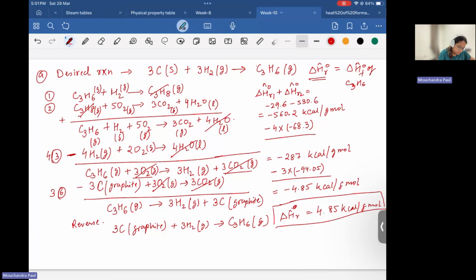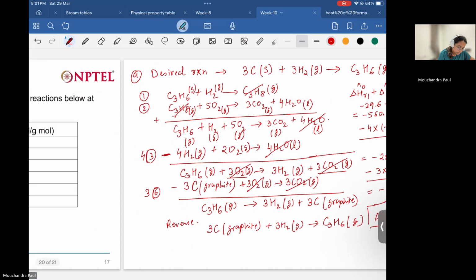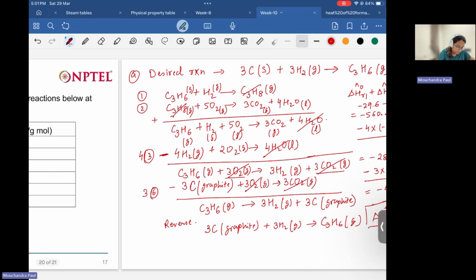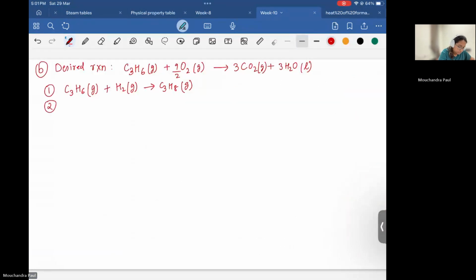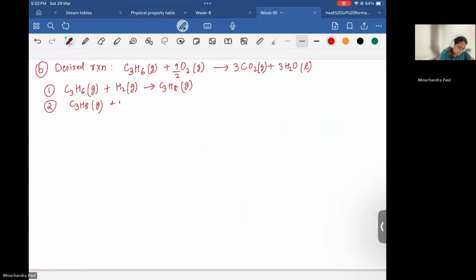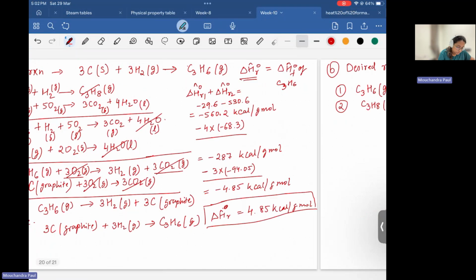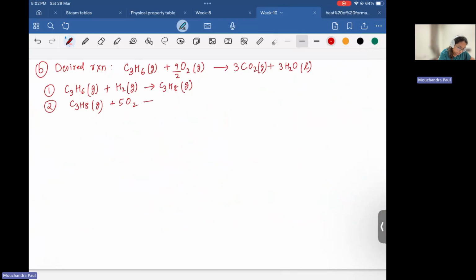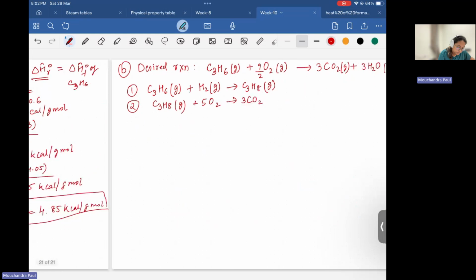So we have to get oxygen as well, but have to remove this component. So let's just subtract 2, all right, which is C3H8 gas plus 5O2 gives 3CO2 plus 4H2O.